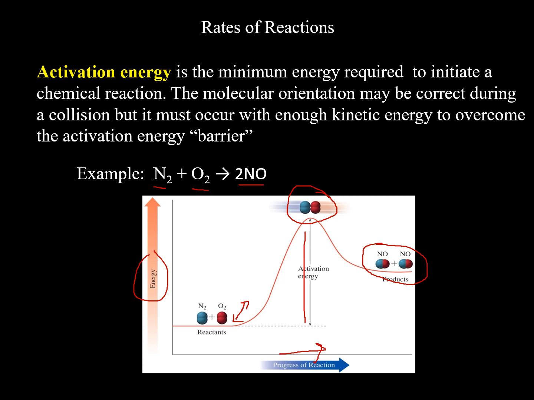If you recall from lab 2, we have here an endothermic reaction. The energy of the reactants is lower than the products, so we need to add energy for this reaction to occur.